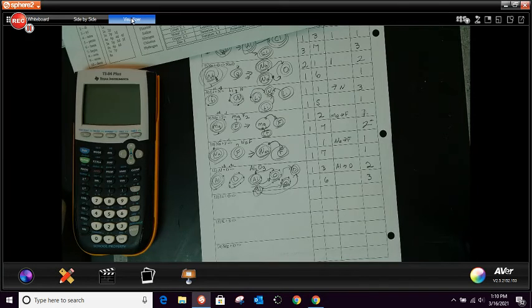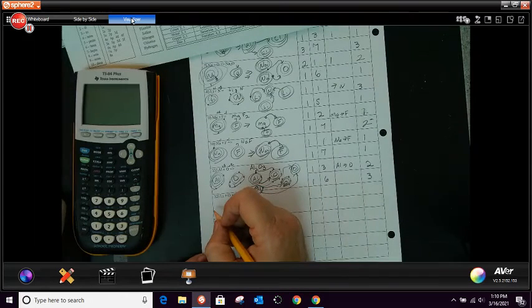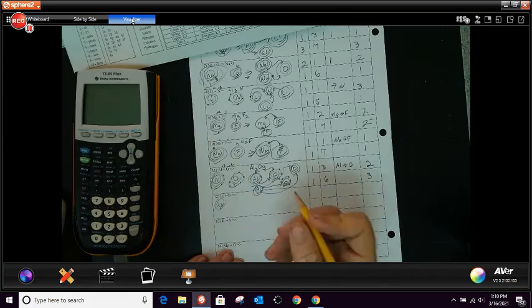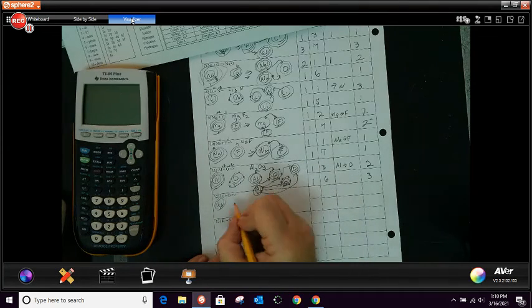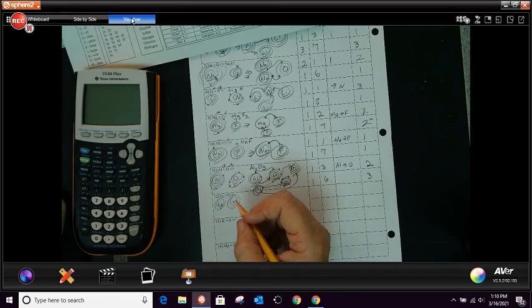Is everybody ready for the next one? Alright, so we have lithium. Lithium has 2 energy levels. We have 2 and 1. Oxygen has 2 energy levels. That is 2 and 6.